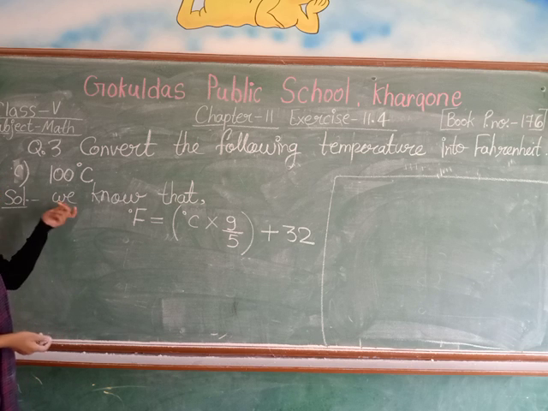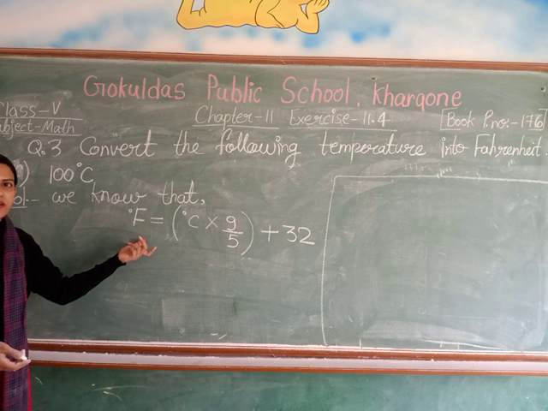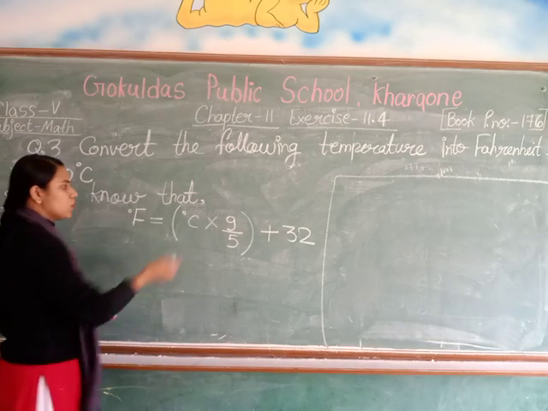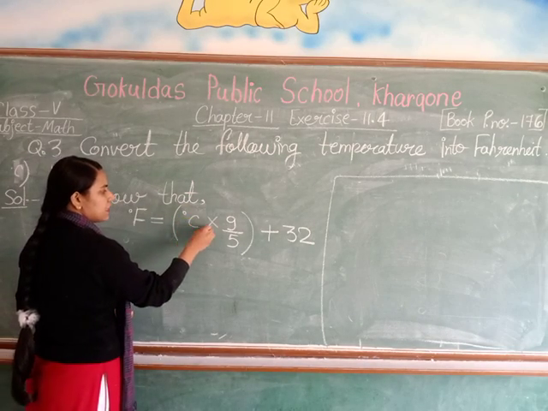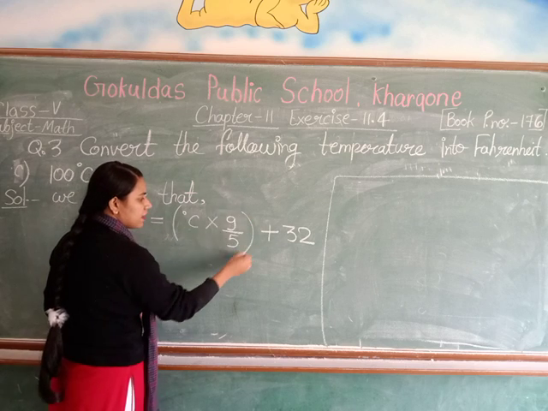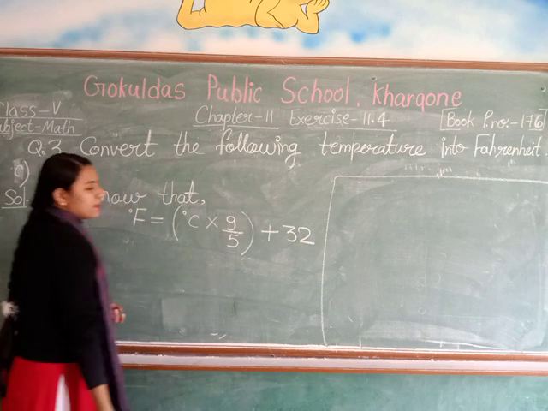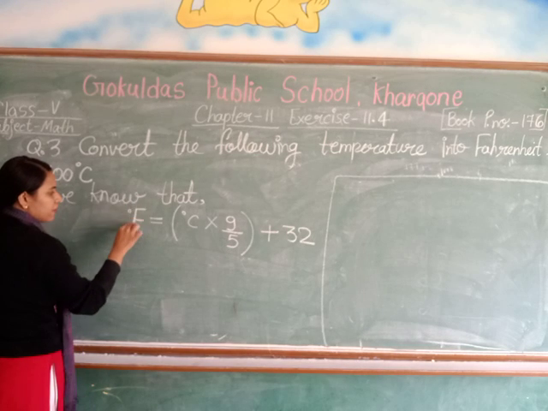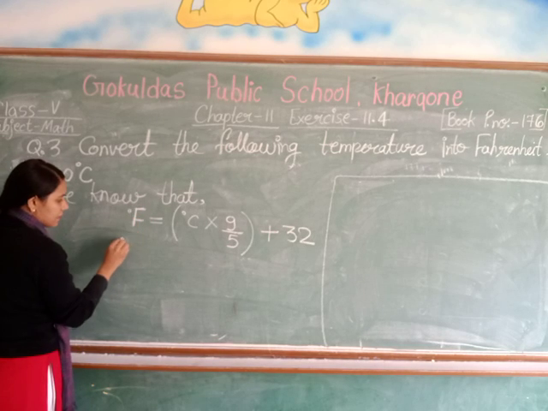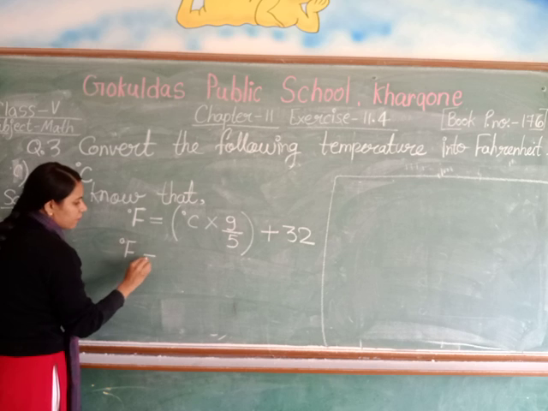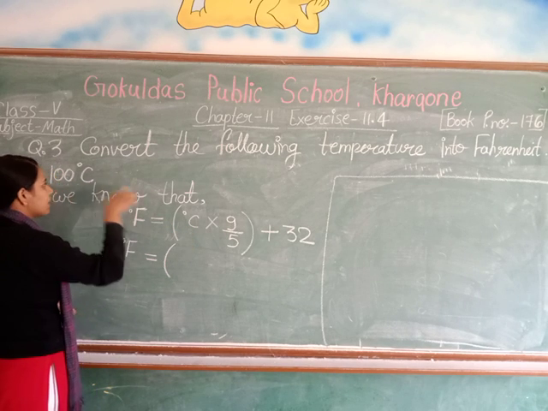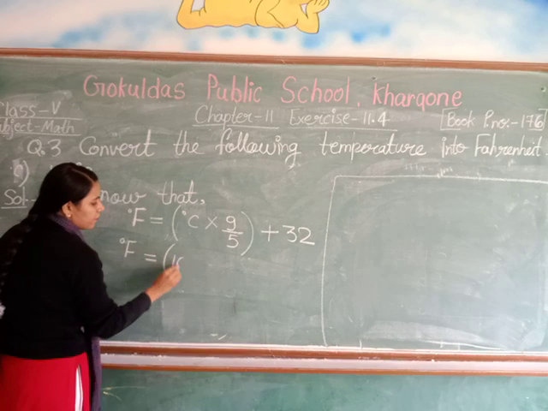So write solution. We know that we have this formula to convert: degree F is equal to bracket open degree C multiplied by 9 upon 5 bracket close plus 32, right? Now put the values in the formula. We don't have any value for degree F, so write degree F as it is, equal to bracket open. What is the value of degree C here? 100 degree.